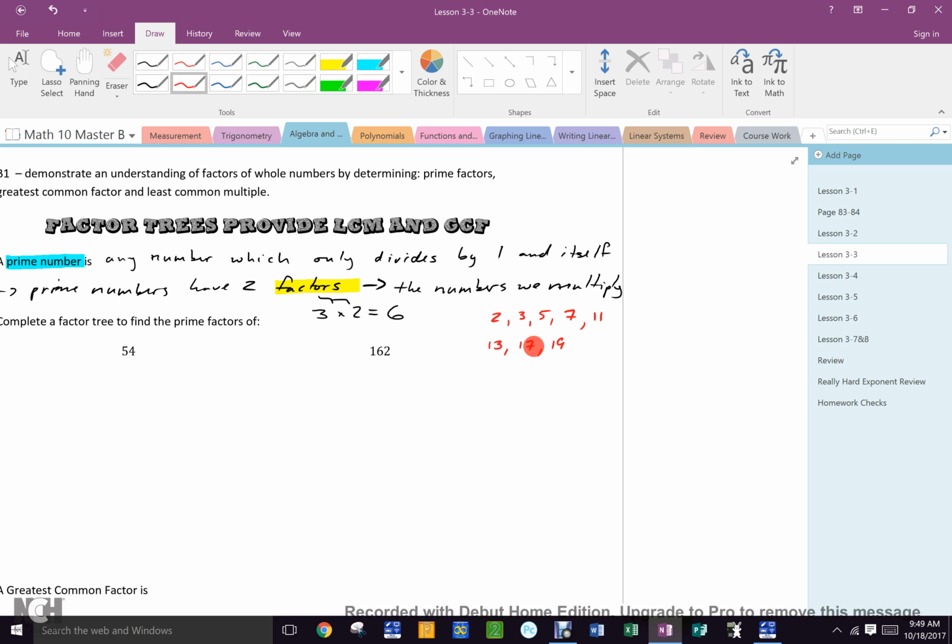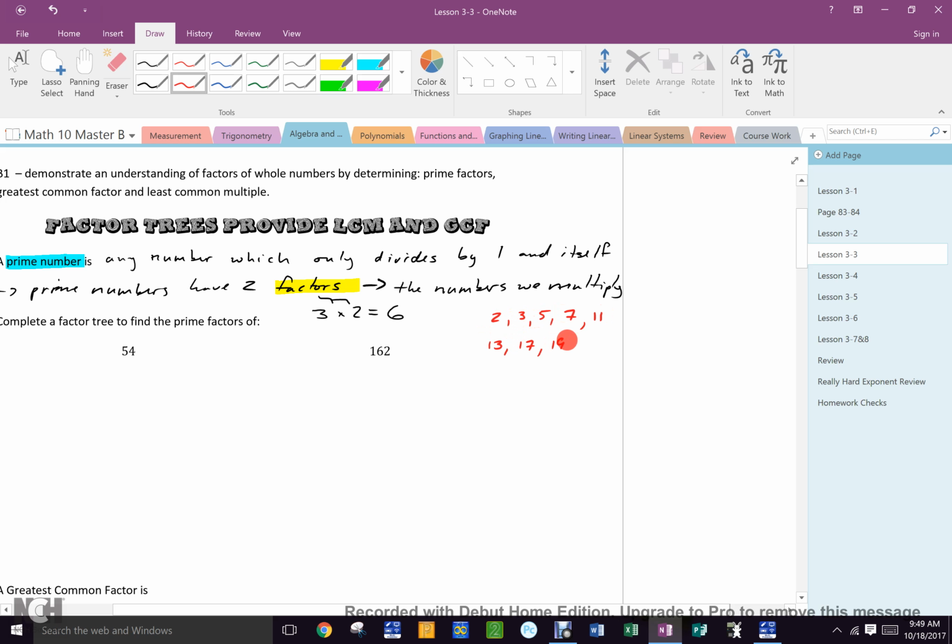Mathematicians just found the biggest one ever. It's up in the billions. There is a number somewhere way up in the billions that there's no way to get to except to multiply itself by 1. It's got no other factors, which is pretty cool when you think about it. At least when I think about it, I think it's cool.